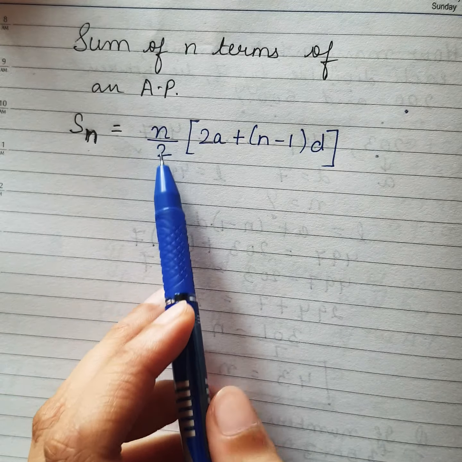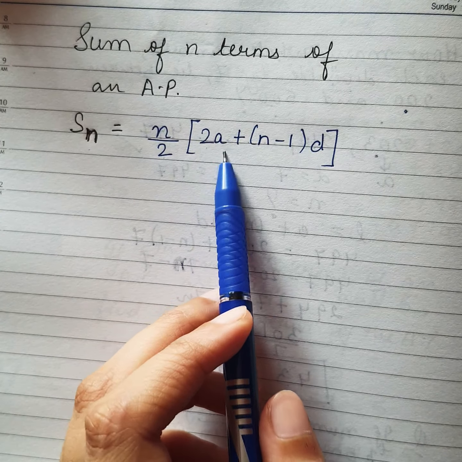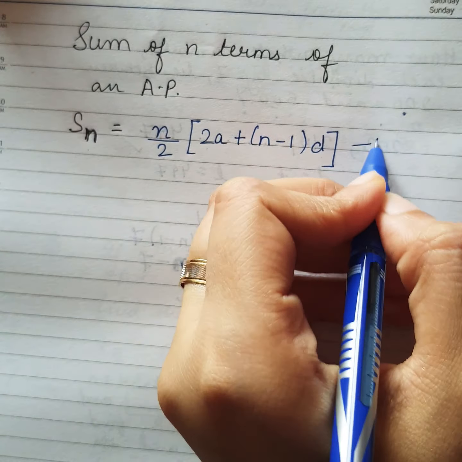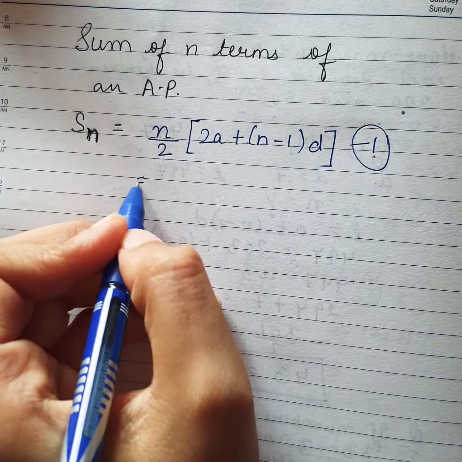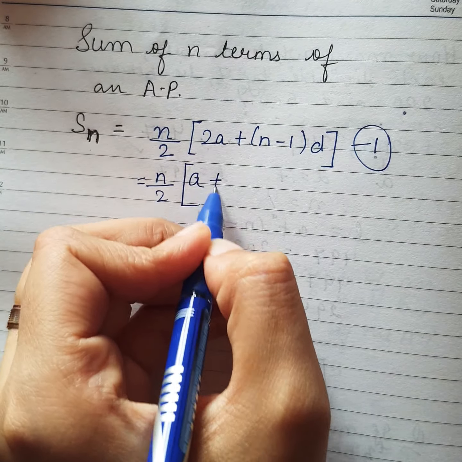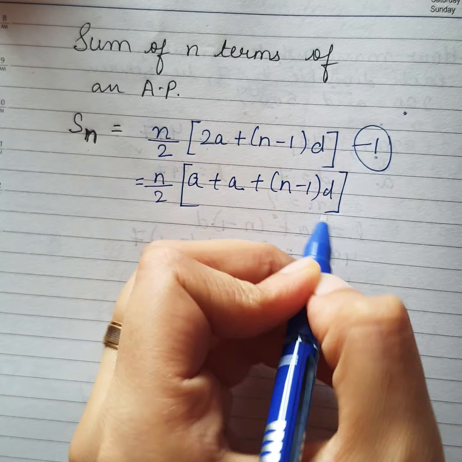The formula is n by 2, where n is the number of terms, within brackets 2a plus (n minus 1) into d. This is the first formula. One more formula we can derive from here. 2a can be split as a plus (a plus n minus 1 d).